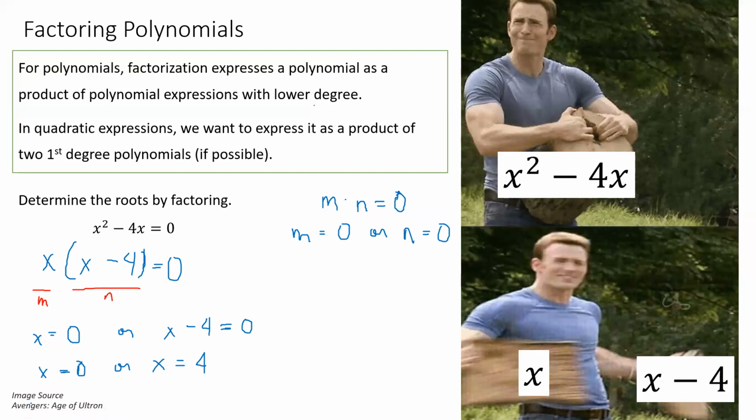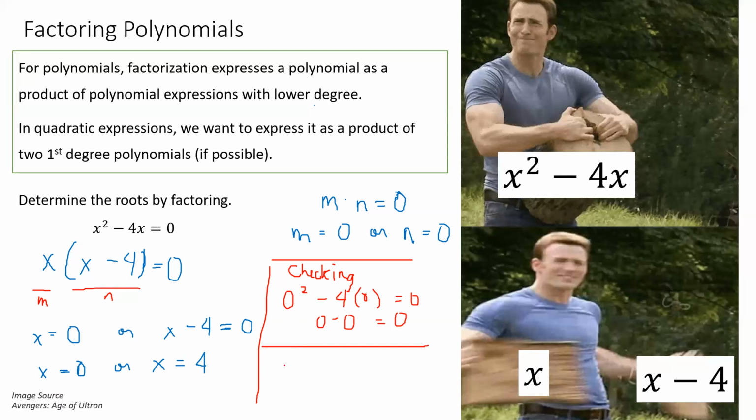And we can check by substituting. Let's try to check it. If we substitute 0, we will get 0 squared minus 4 times 0 is equal to 0, and 0 minus 0 is just 0. So this is a true equation. Another one, let's try 4. We will get 4 squared minus 4 times 4 equals 0.